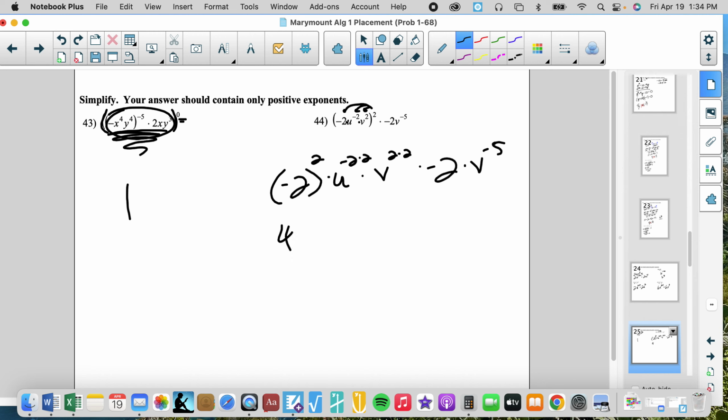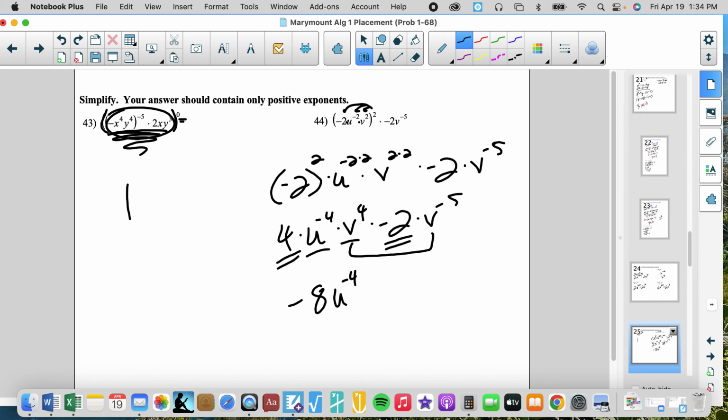Negative 2 quantity squared is 4, u to the negative 4th, v to the 4th, times negative 2v to the negative 5. Let's do coefficients. That's negative 8. This doesn't have a like variable. This does, and we are multiplying, so we are going to add those exponents. Negative 8, u to the negative 4th, v to the negative 1. It says only positive exponents.